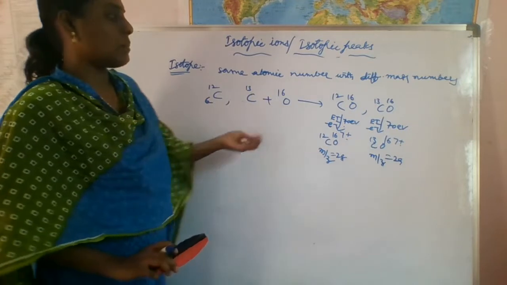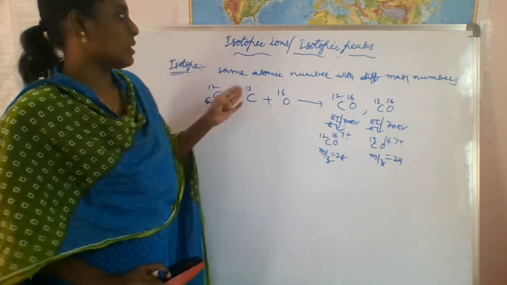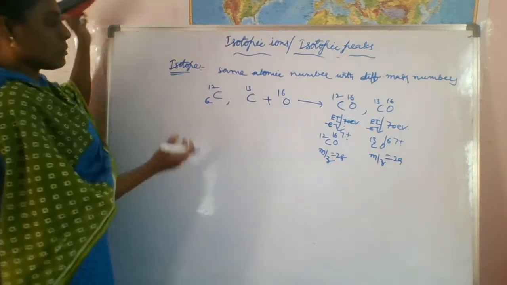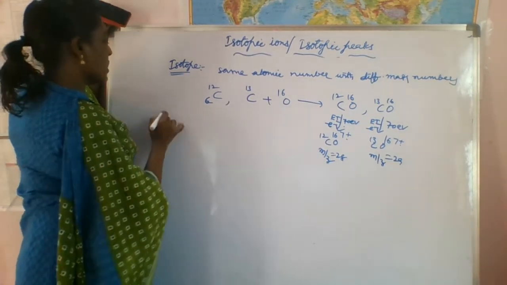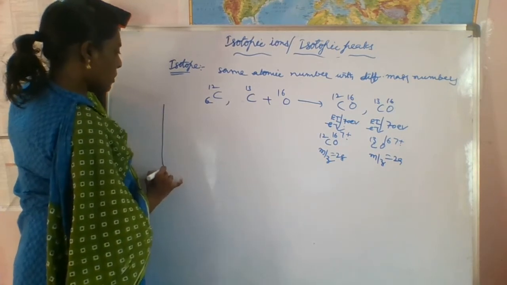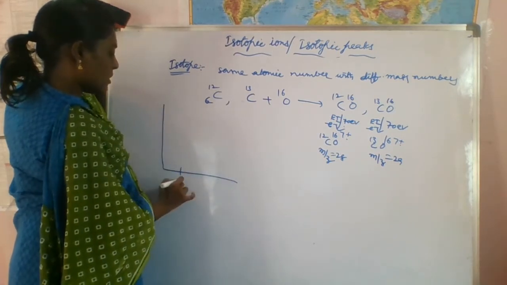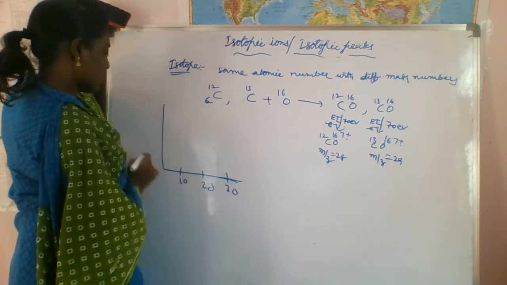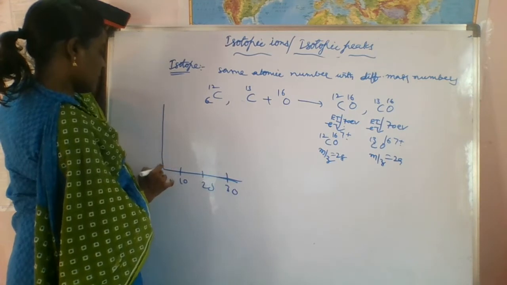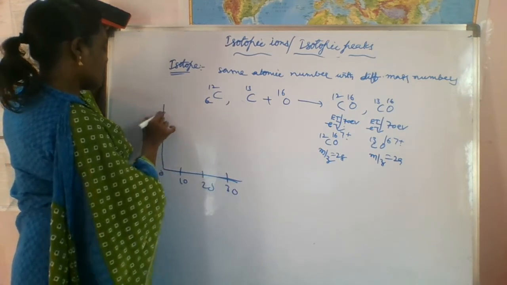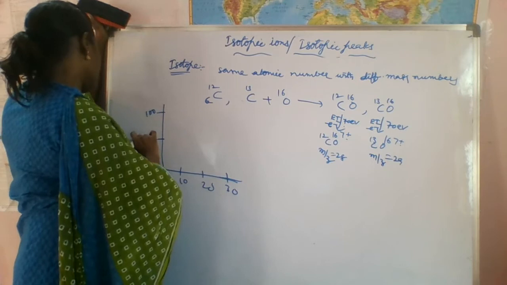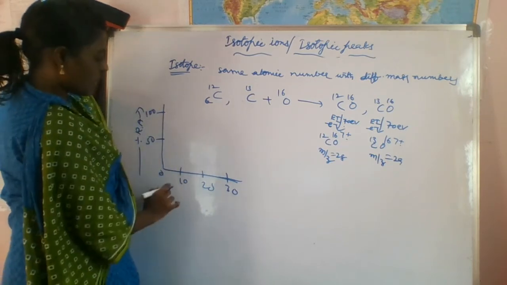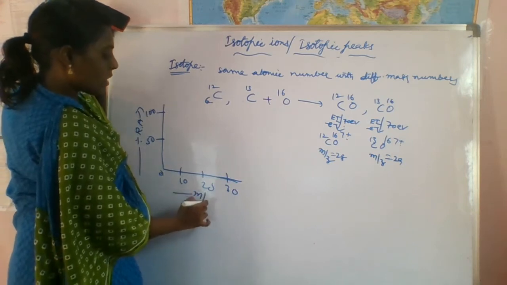So how do isotopic peaks help in the mass spectrum? First we have to draw the spectrum for this CO molecule. This axis is percentage of relative abundance and this is the m/z value.